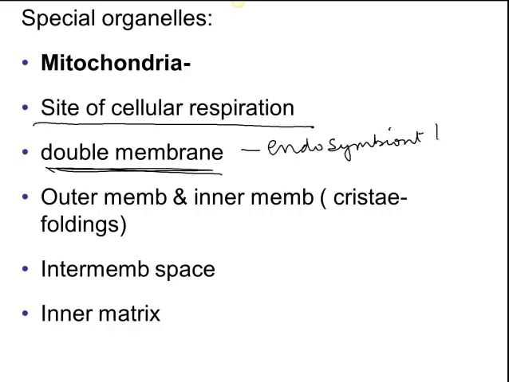This theory proposes that long ago, when life had just started appearing, conditions were pretty anoxic and organisms had to use something other than oxygen to derive energy. At some point, maybe there was a mutation, and there was one kind of organism which could use oxygen.